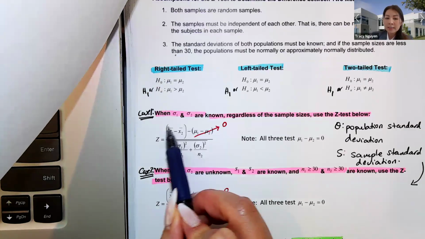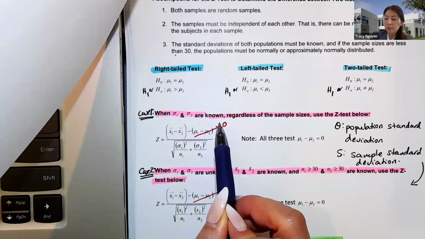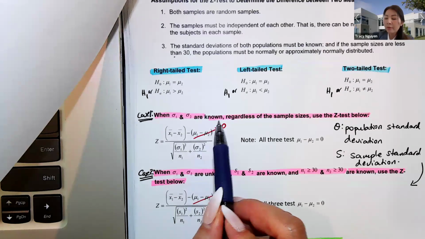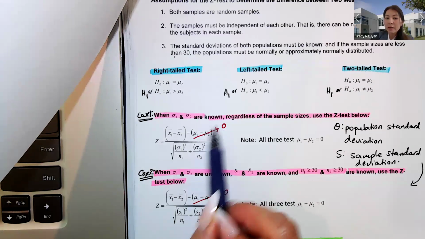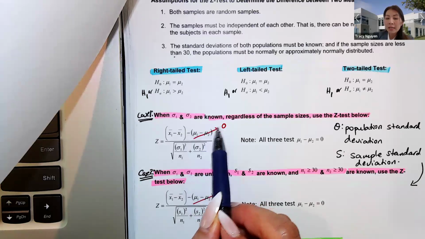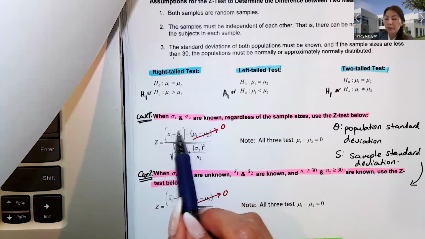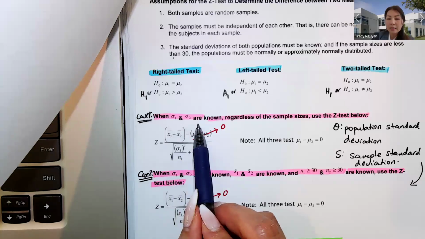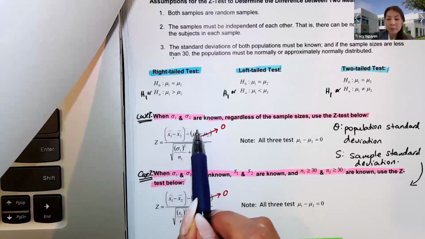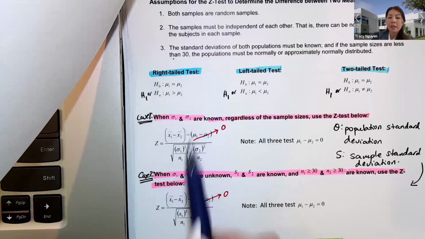Case 1, sigma 1 and sigma 2 are known. We don't have that, because we have raw data for CDA and raw data for CDB, and each set of data represents a sample. So we don't have population standard deviations, but we have sample standard deviations instead.